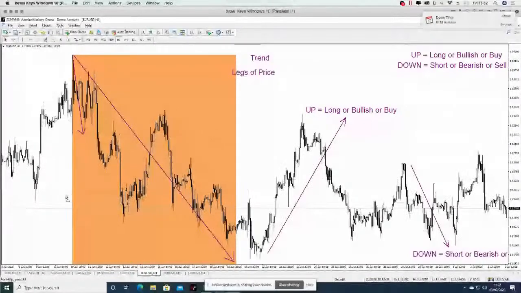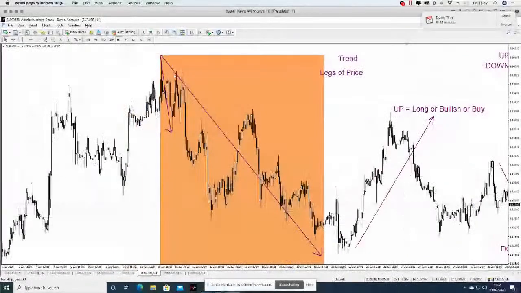But it doesn't just jump from here to here, does it? As you can see, it comes down, then comes up a little bit. Then comes down again. So this is from here to here. And it comes down again.